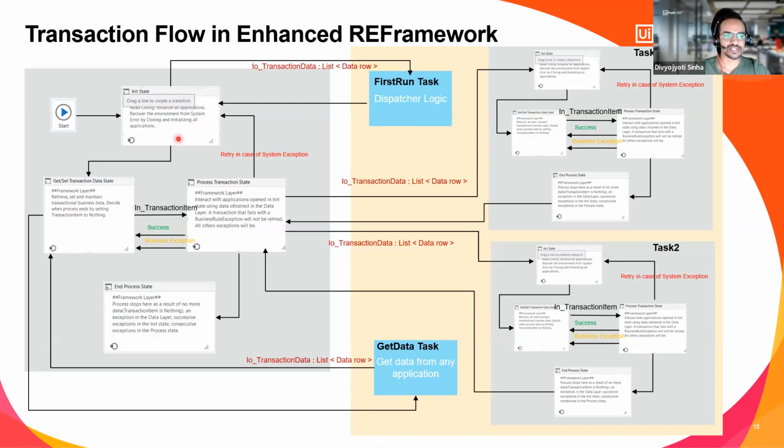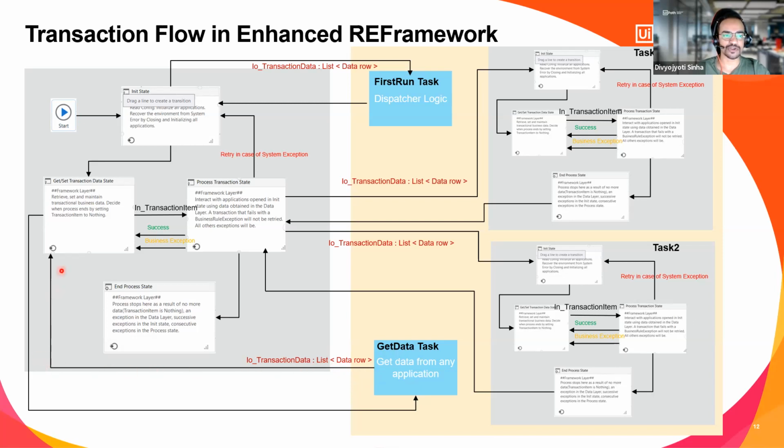Once it does that, it is going to move into the get set transaction data state, where the get data task will be invoked. While invoking the get data task, you will have nothing over here. I mean, you can pass the invoice number, but the idea of the get data task is that you are extracting the line items from that particular invoice, and it will pass IO transaction data, a list of data rows, which means the list of line items from that invoice, right?